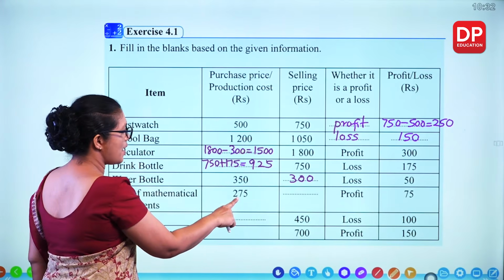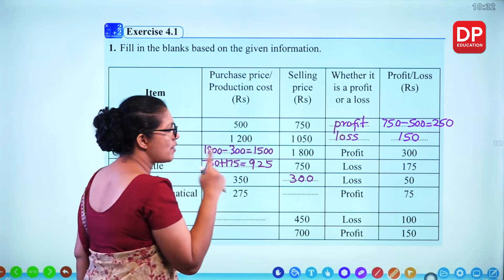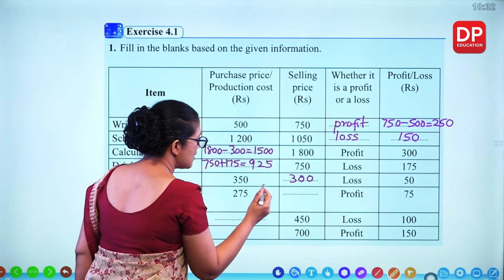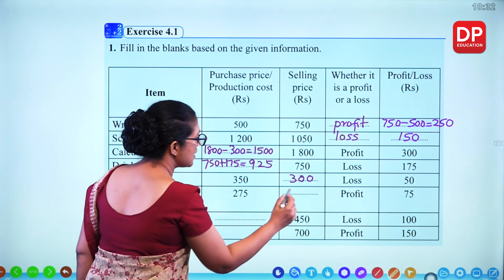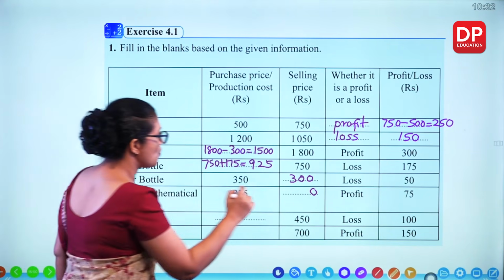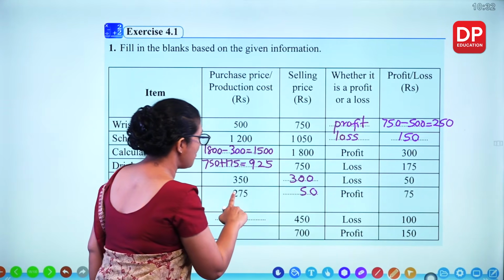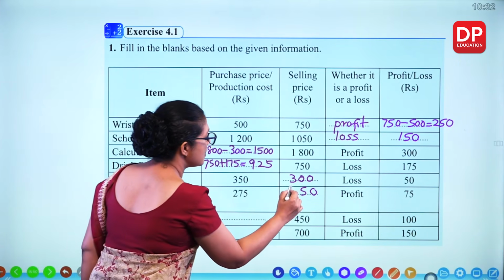This one 275, profit is 75. So you have to add 75 to that. So 275 plus 75, you get 5, 5, 10, 7, 7, 14 plus 1, 50, 1 remaining, and you get 3.